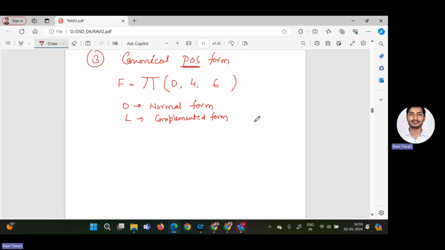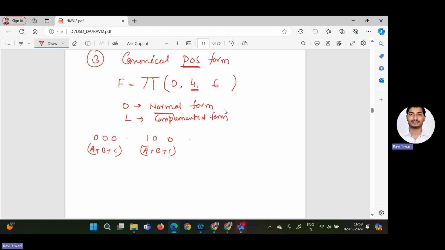Now, as you know, 0 is represented as 000, right? And as I told you, it's a normal form. So it will be represented as A plus B plus C. Dot. Next term is 4. 1, 0, 0. How we can represent this one? 1 represents the complemented form. So A bar plus B plus C. This is the second term.